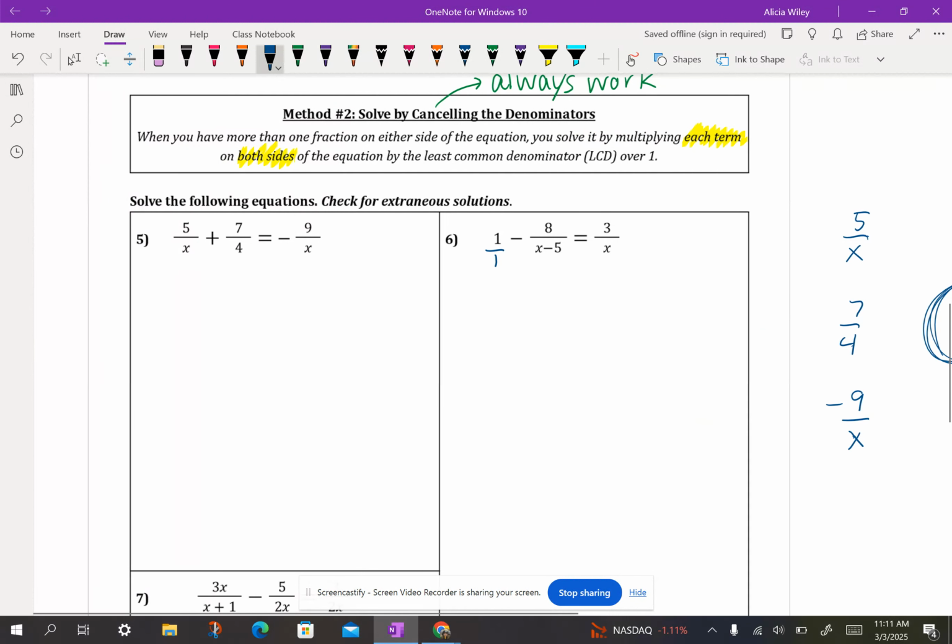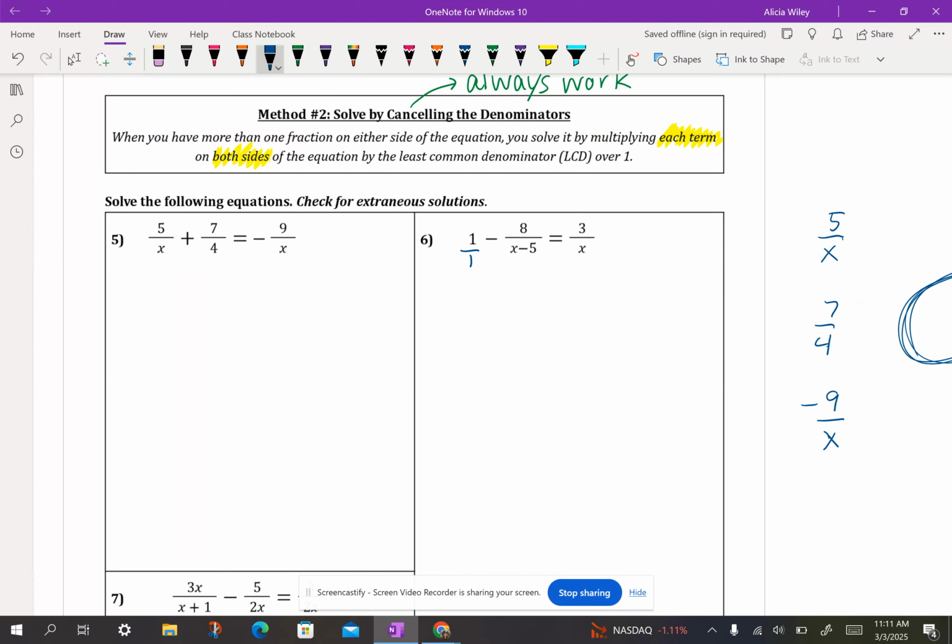Okay, so let's go over here. Our common denominator is 4x. So what I'm going to do is I'm going to multiply every term on both sides by 4x. So the way that I set this up is I put a big parenthesis around each side.